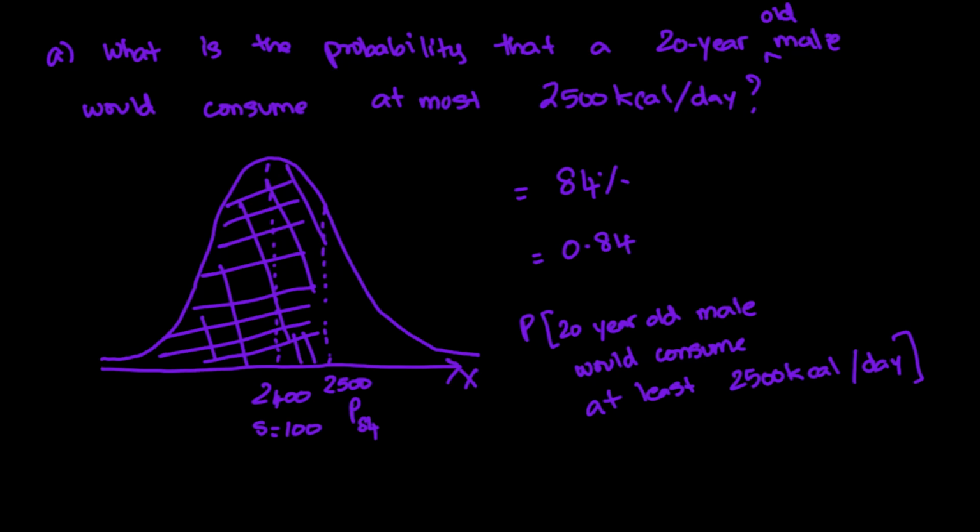So what percent lies above 2500 according to our distribution? Since this number is P84, 84% lies below 2500 and 16% lies above 2500. Therefore, the probability that a 20-year-old male would consume at least 2500 kilocalories per day is 0.16, or 16%.